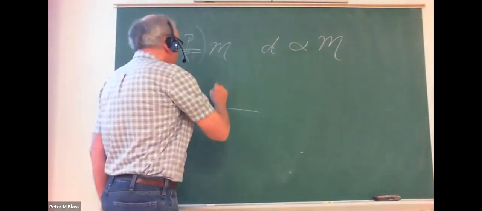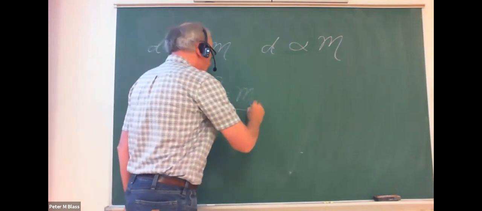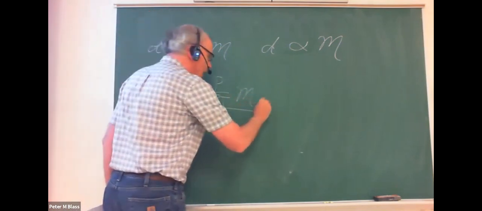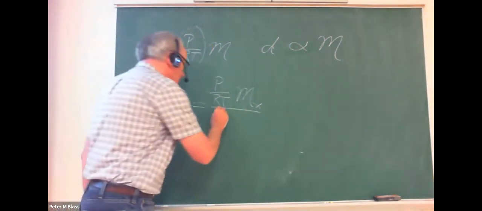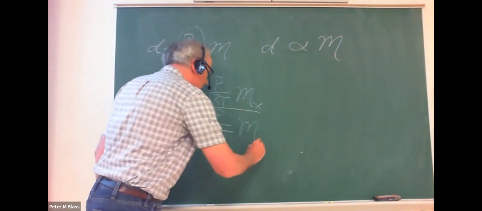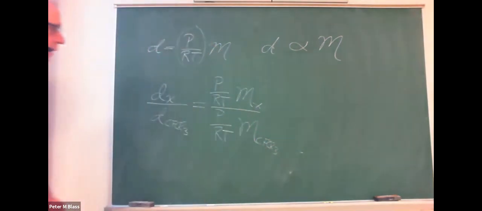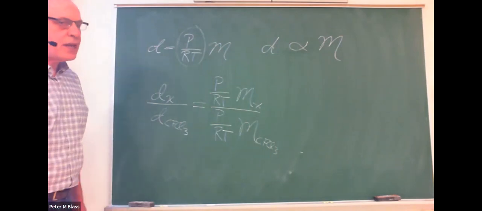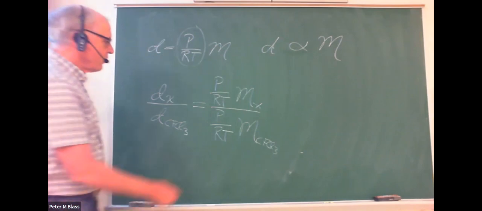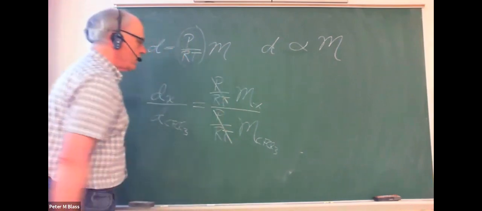It's P over RT times the molar mass of X, the unknown, and P over RT times the molar mass of CFCl3. But both measurements are made at the same pressure and temperature, so the P over RT up here cancels the P over RT there.